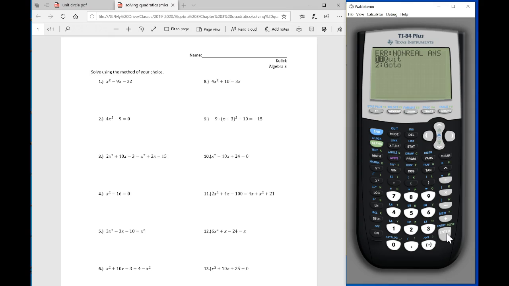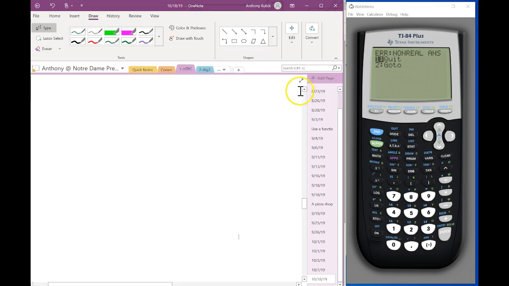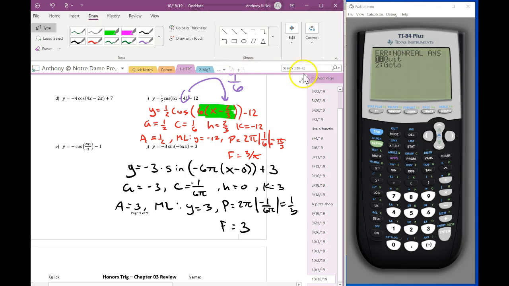It's more than just not factorable. Let's look at what happens when we do this one algebraically, when we try to do this by hand.